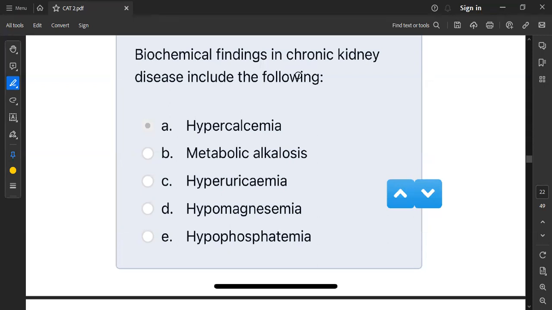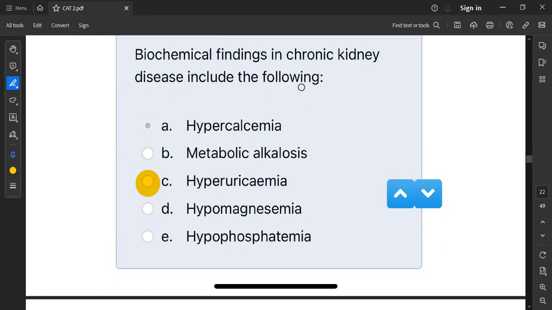However, in the case where you have CKD, what will happen? The kidneys may not function properly. This will lead to decreased uric acid excretion, which will result in accumulation of uric acid in the blood. So the kidney is not excreting as much uric acid as it's supposed to.